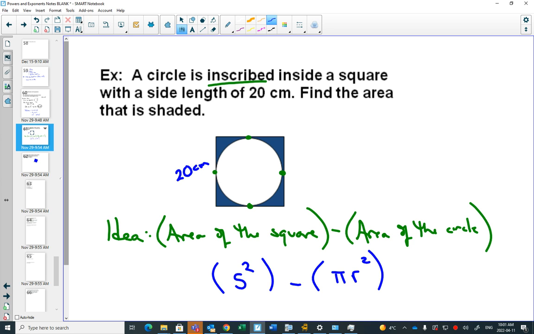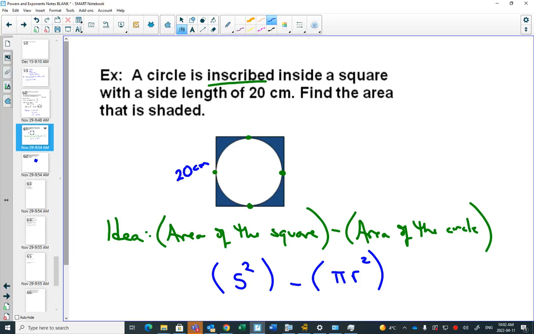And so the formula sheet is helpful if you know what the letters stand for. So if you thought that the S stood for circle, which is a really bad thing to think, because circle starts with C, it's not going to work out well for you at all, right? The S stands for the side length.